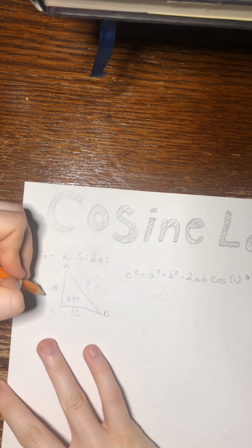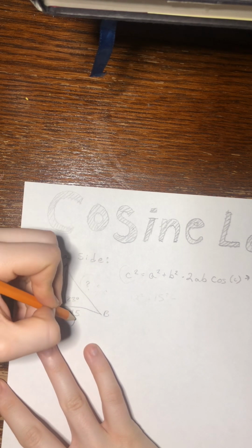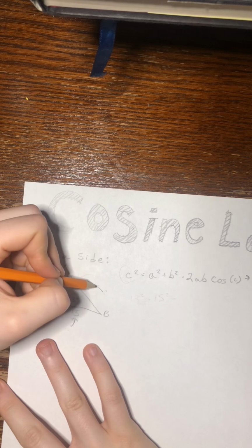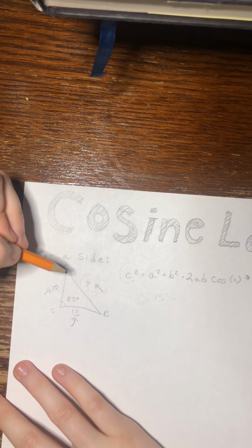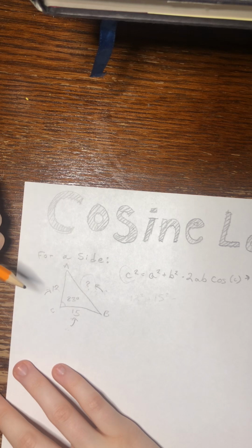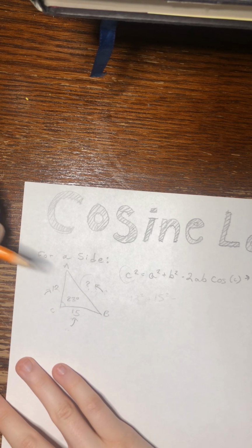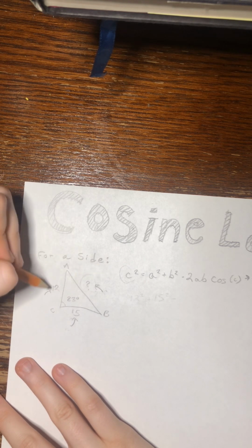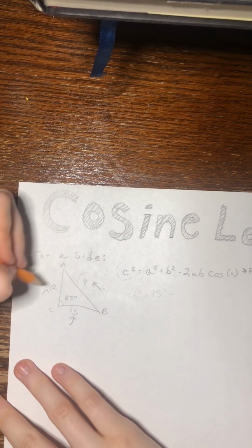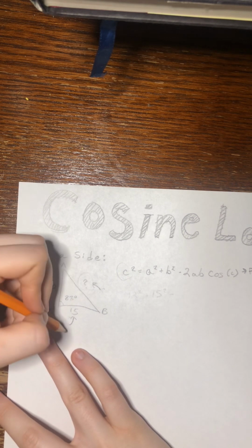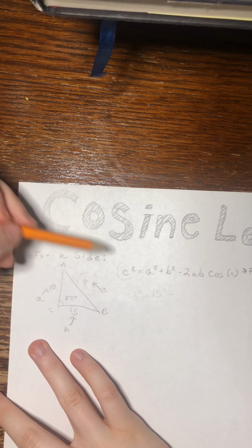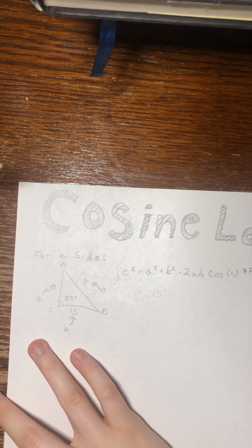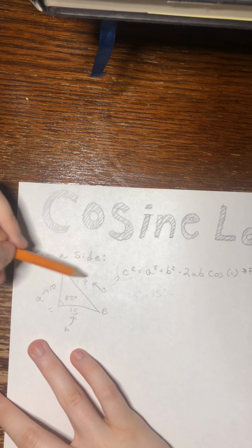If you were doing this in a test or a worksheet, this would not necessarily be required, but it's a good way to show what your A and your B is. So our 12 is our A, our B is our 15, and our C, which is what we are trying to solve here, is our mystery number.